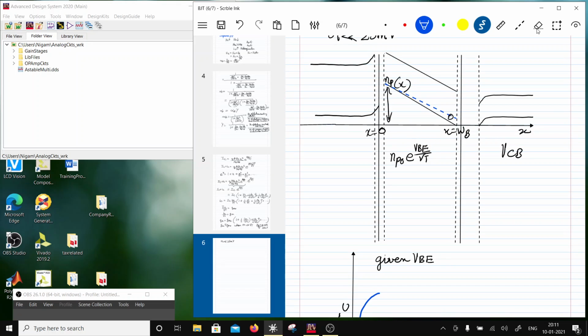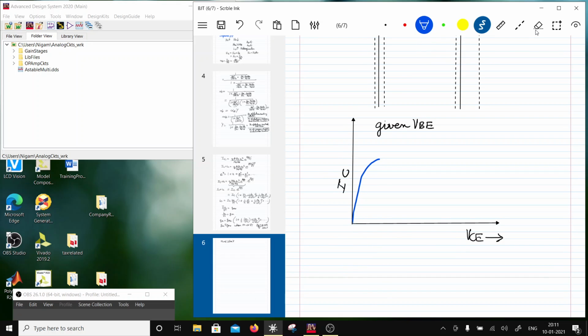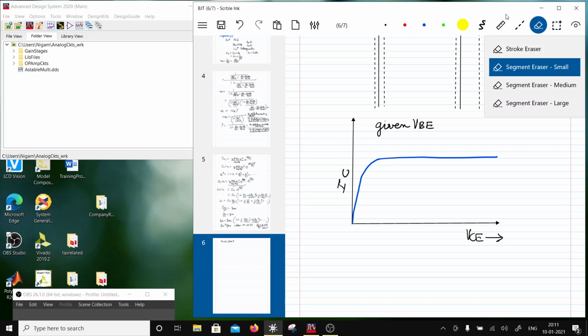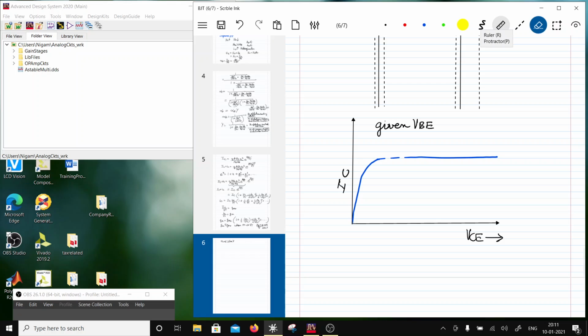The minority carrier will become 0, and beyond this it will become constant like this, right? So this is what you're going to expect, beyond a certain point where the minority carrier has become 0 and the current has become constant.